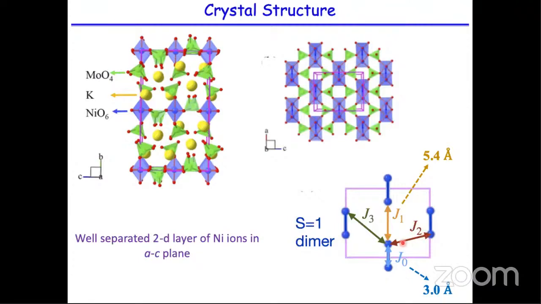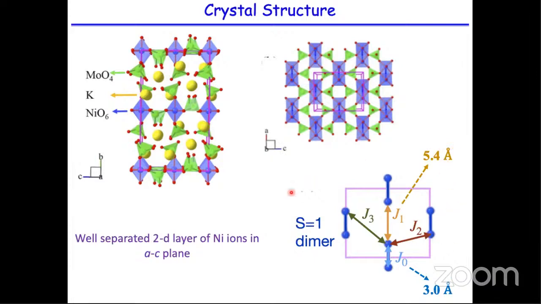We'll mark the exchange in the dimer as J0, and then the inter-dimer interactions as J1 along the a-axis, and this is J2, and then there is a relatively larger distance J3. But even from the distance point of view, these two nickels are very close, so they really form a structural dimer, and the nearest neighbor distances between the dimers are quite large, 5.4 and 5.6.